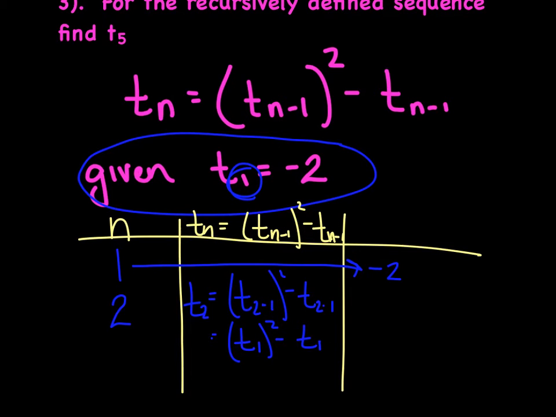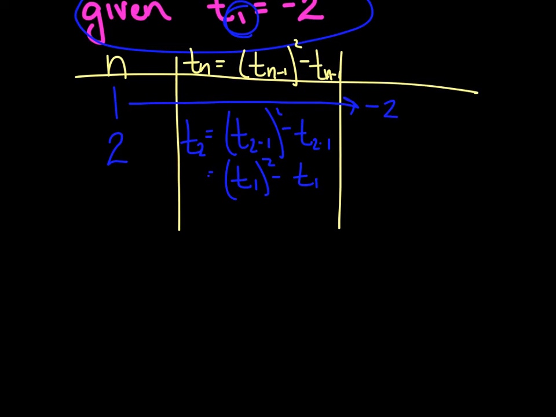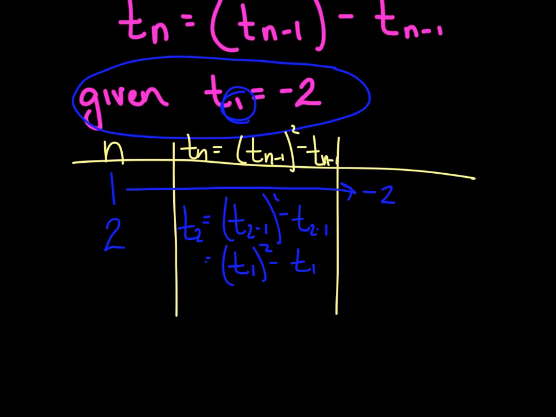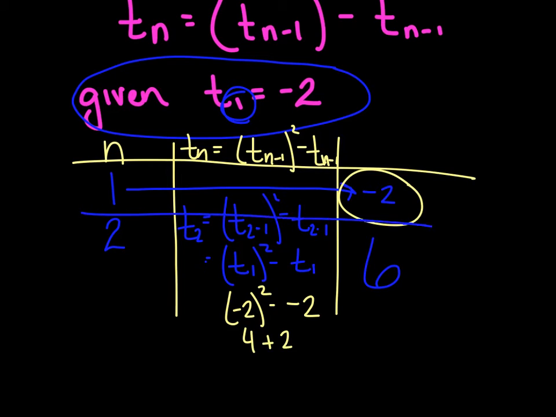So I'm just going to keep cleaning that up. T sub 1, again, is right here. So this becomes -2 squared minus t sub 1, so minus a -2. -2 squared is a +4, and minus a negative actually turns into a +2, so I get an answer of 6 for that second term.